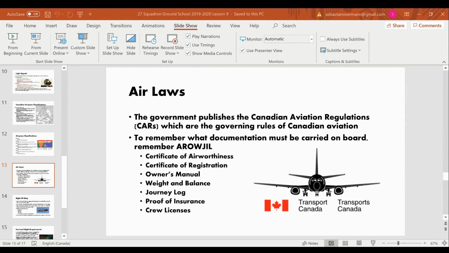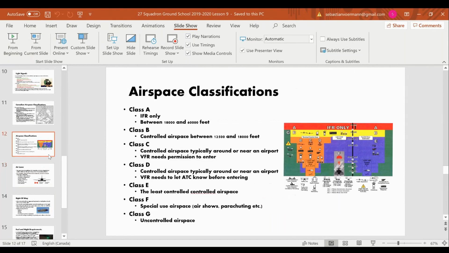Just type it in there. Can you go back to the slide with the classifications? Sure. So which classification do you think that Pearson Airport would be?